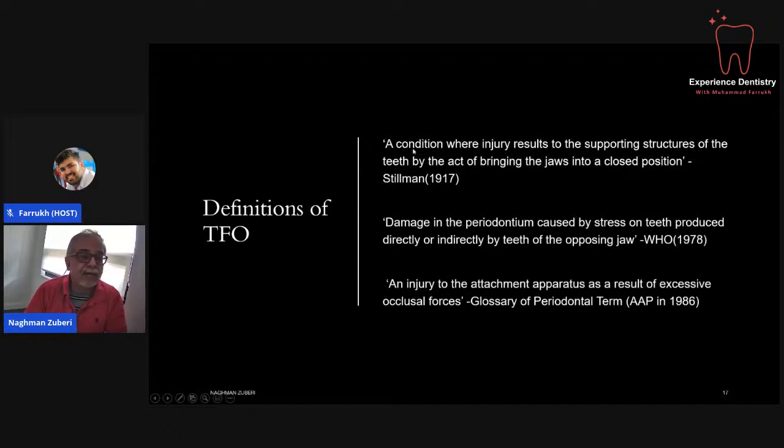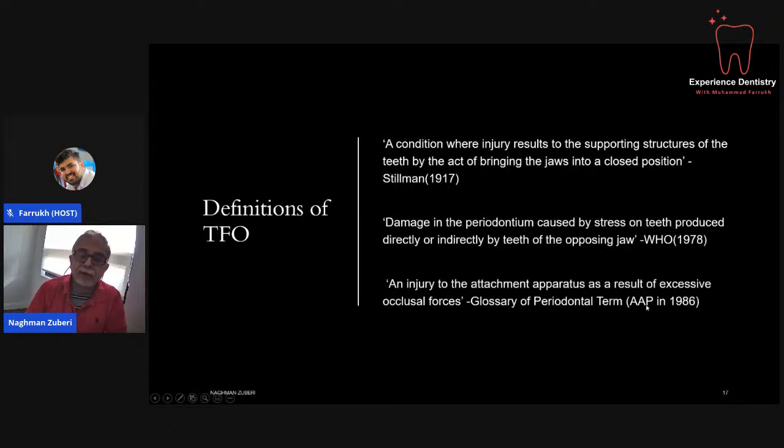According to him, it is a condition where injury results to the supporting structure of the teeth by the act of bringing the jaws into a closed position. The World Health Organization rephrased it in 1978 as damage in the periodontium caused by stress on teeth produced directly or indirectly by teeth of the opposing jaw.